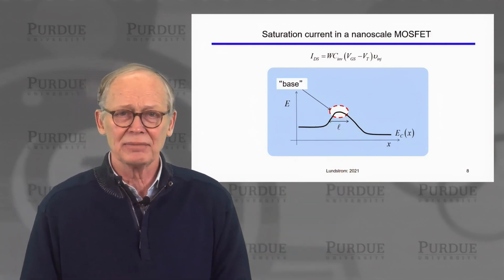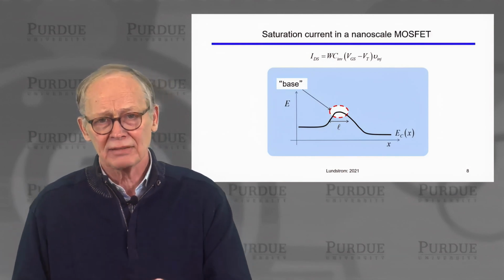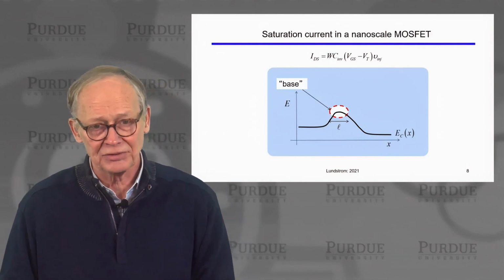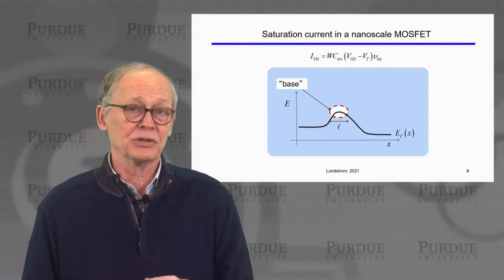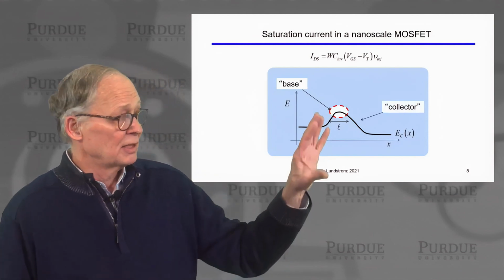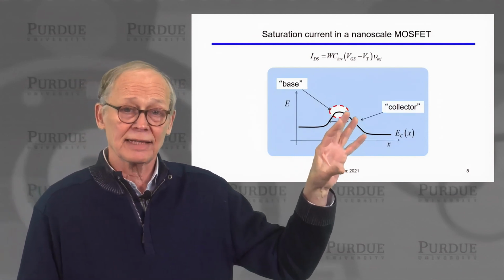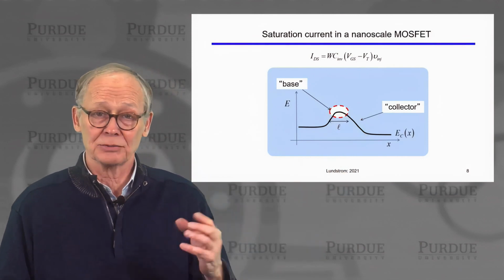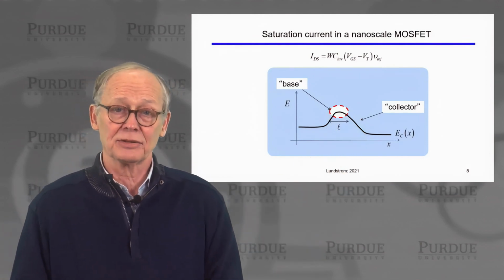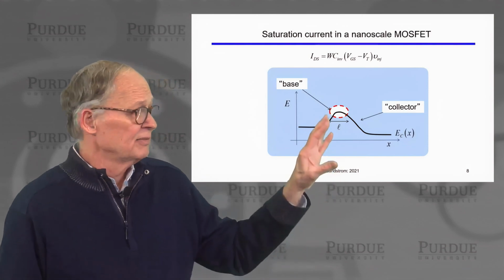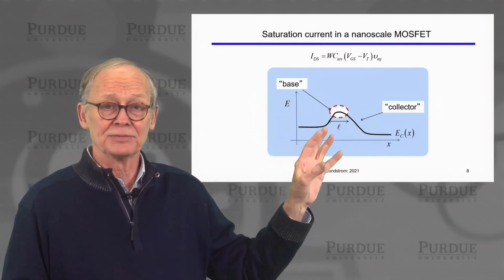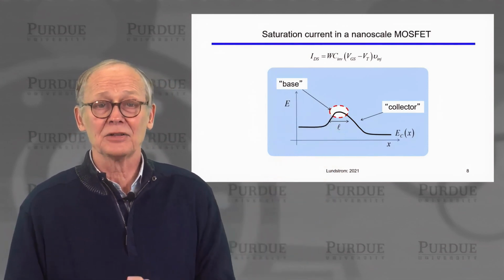It looks like the thin base of a bipolar transistor, and electrons have to diffuse across the base in order to contribute to the collector current.